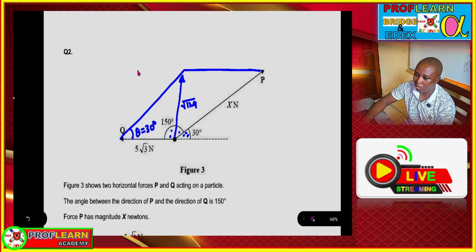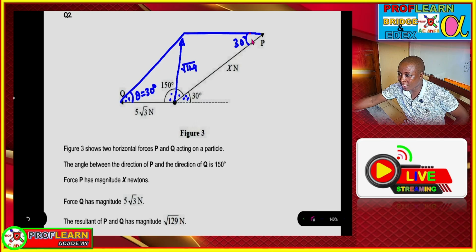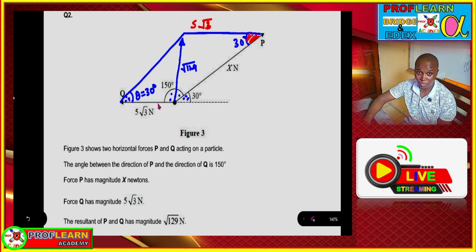And in order to find the value of x, if this angle is 30 degrees, this angle is also 30 degrees. So we can use the properties of a parallelogram to work this out. Using this angle, we have this side. If this side is 5 root 3, also this side is 5 root 3. So we have to remember that.